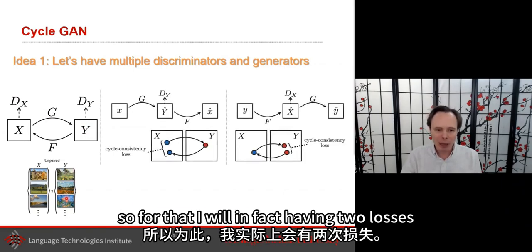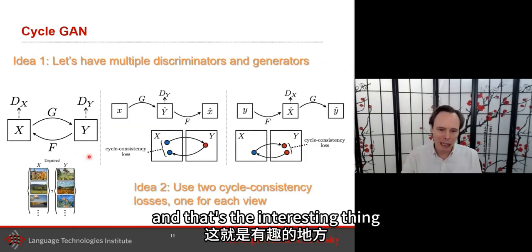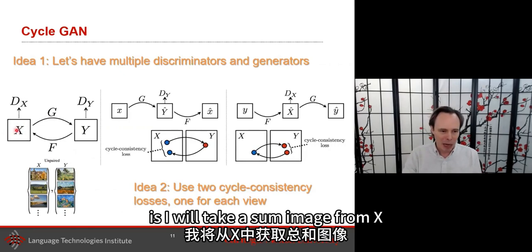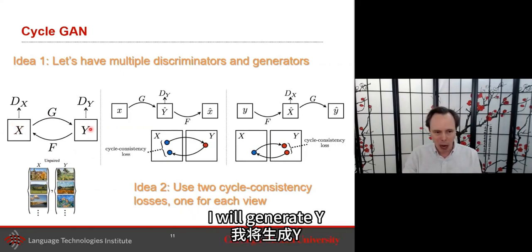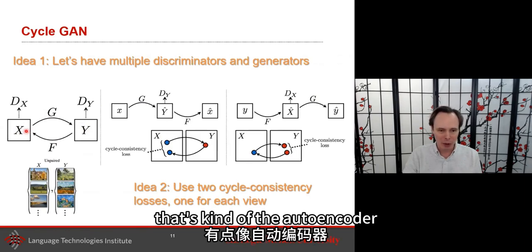For that, I will have two losses. And that's the interesting thing: I will take some image from X, generate Y, but in such a way that the Y is able to regenerate X. That's kind of the autoencoder.